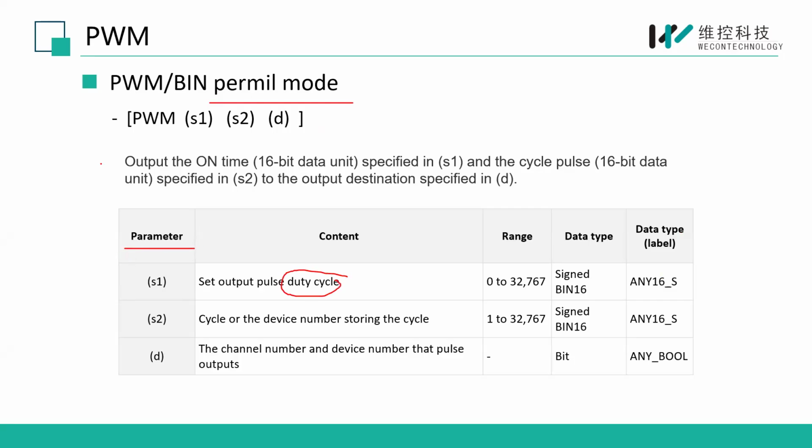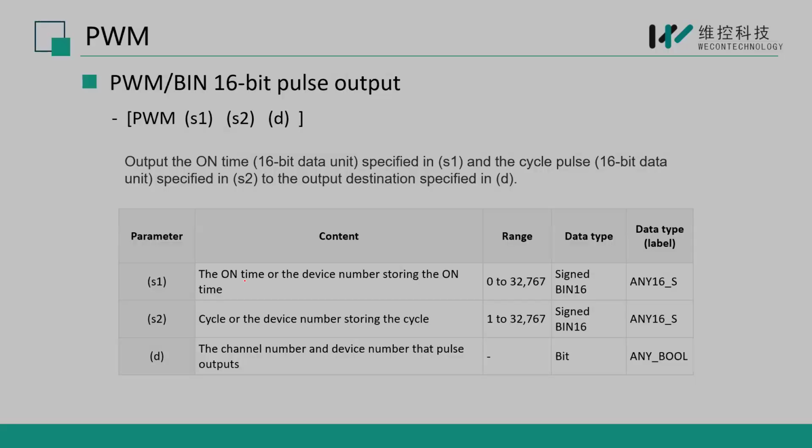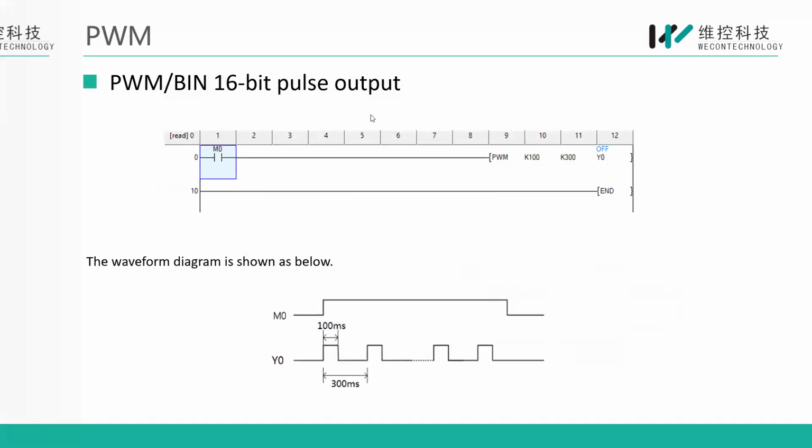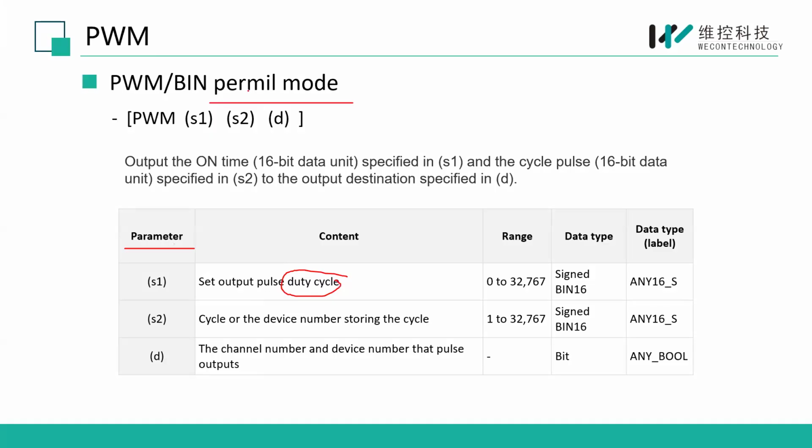It's different from the last mode, because in the last one we set the on time in the first parameter, and in the variable mode we set the duty cycle in the first parameter. The second parameter S2 is the same. It's the cycle time, and D means the pulse output.